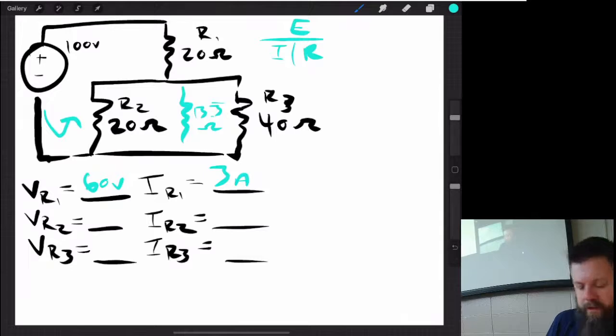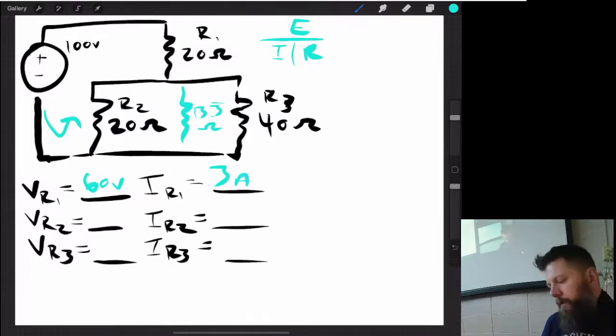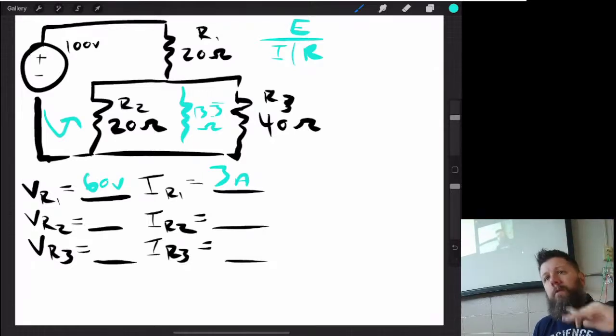What's 13.3 repeating times 3? 39.999, so 40 volts. So across that 13.3 ohm resistor, that ghost resistor in the middle, we've got 40 volts.